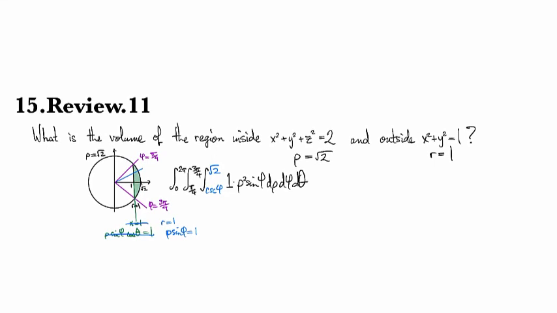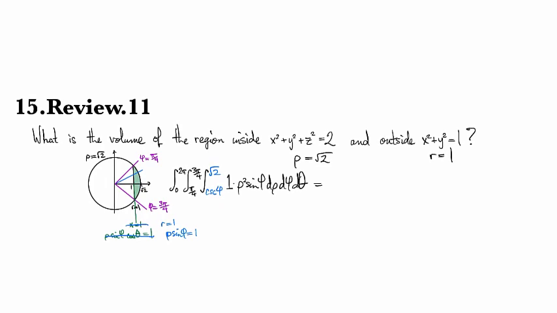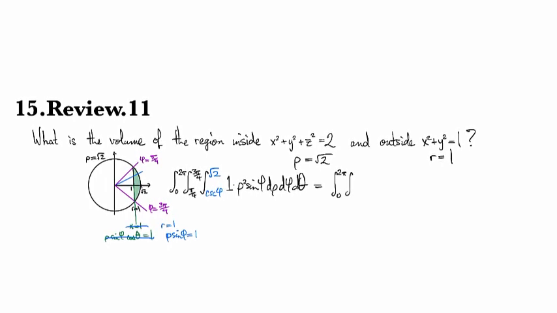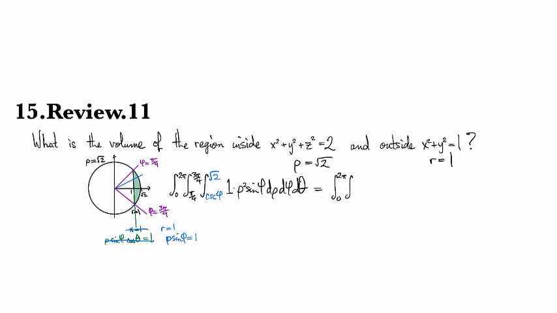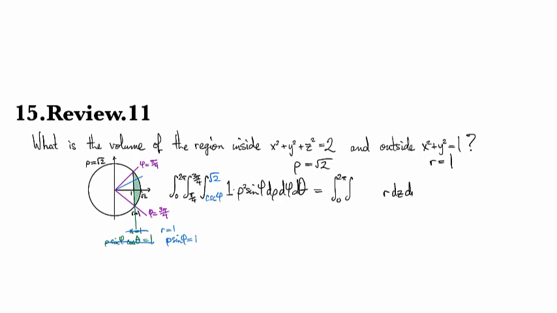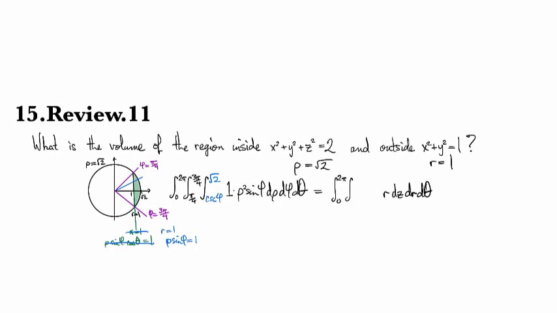And so this time, I'm going to do it now in terms of cylindrical. And so I'll still have my 0 to 2 pi for my theta. And then supposing I want to do the dz as my innermost integral, I'm going to set this up r dz dr d theta, like that.